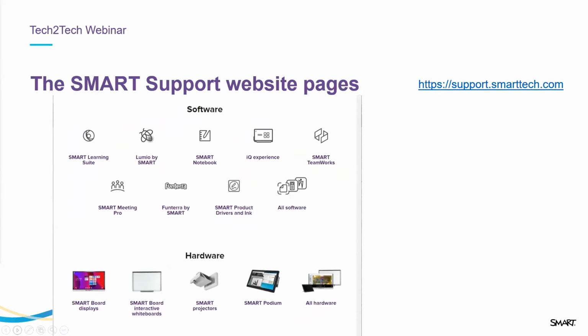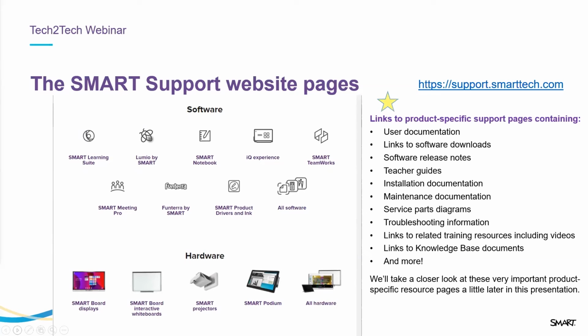As we scroll down the Smart Support website, you end up with product support pages. These are links that take you to pages specific to those types of products. We have software products, as you can see, we've got quite a few, and we have hardware products.